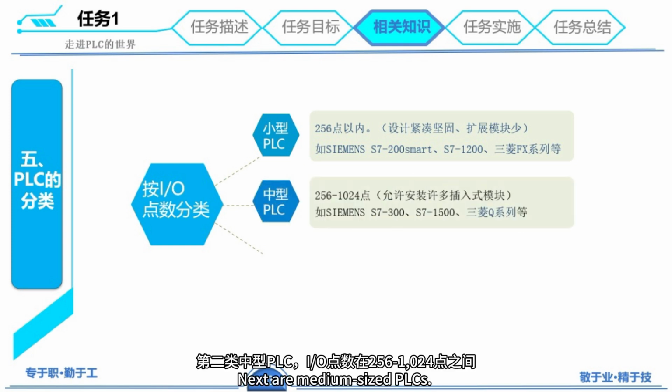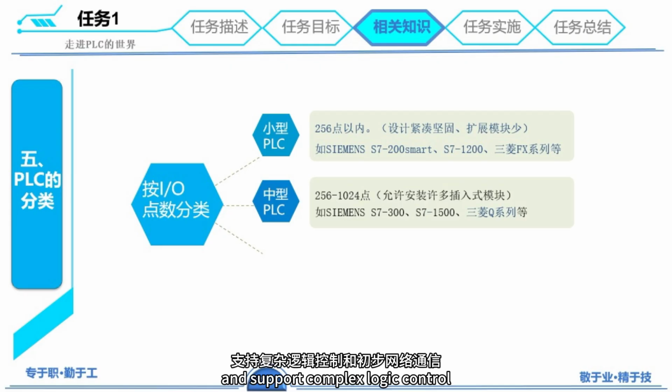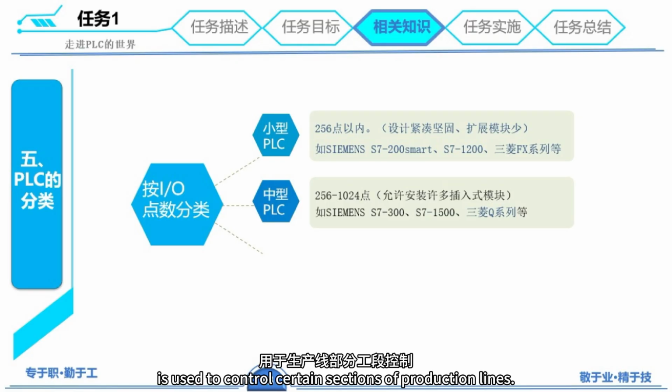Next are medium-sized PLCs. They have between 256 and 1024 I/O points, can accommodate multiple plug-in modules, come with a full range of functions, and support complex logic control as well as basic network communication. The Siemens S7300, for example, is used to control certain sections of production lines.